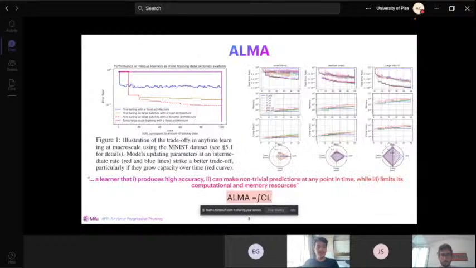Alright, the next axis of our motivation is this new work which was proposed by Meta, formerly Facebook, and Mila last year. It is a new learning paradigm that they call anytime learning at macroscale. Anytime learning is quite an old conjugation of the classical online learning setting, where instead in anytime learning you are more concerned with having a learner that can perform well at any point of time during the training.